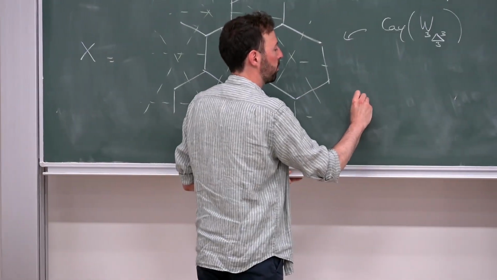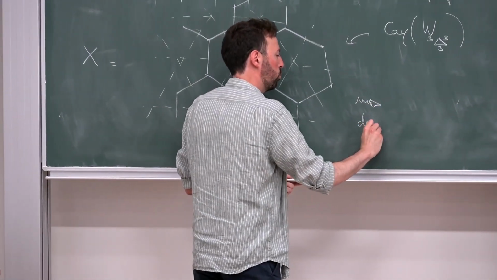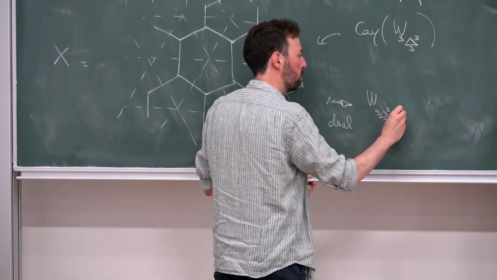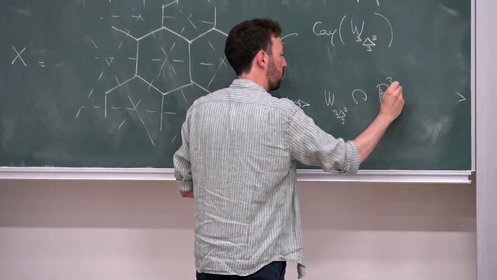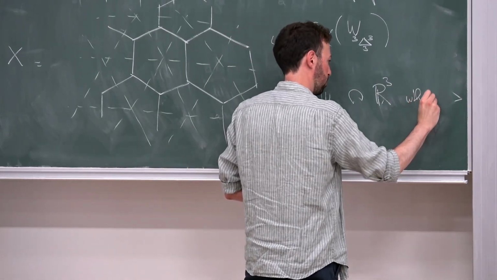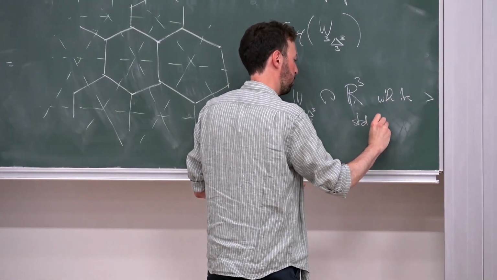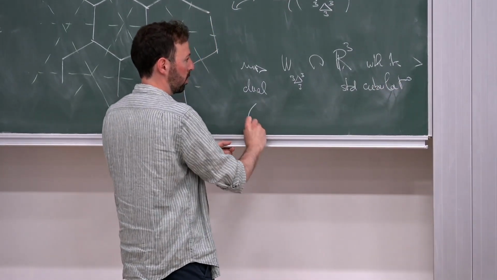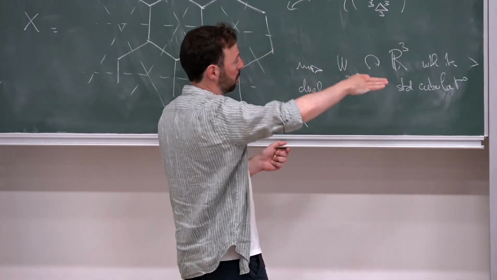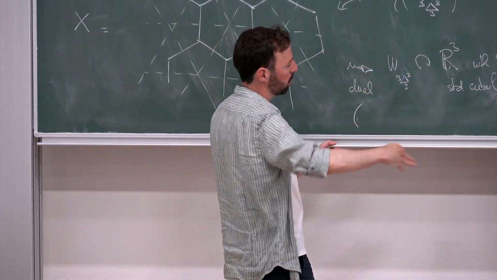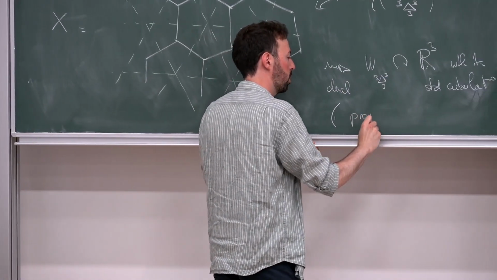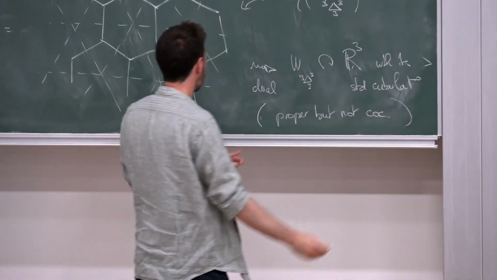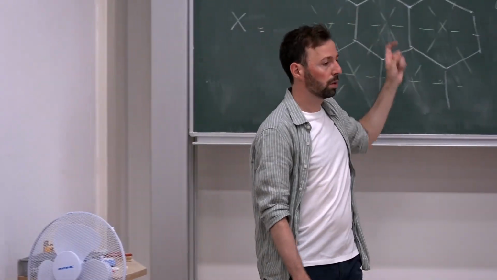If you take the dual action, what you get is an action of that Coxeter group on R cubed with its standard cubulation. In particular, this has the plane embedded as a transverse copy. And this one is proper, but not co-compact, even though the original action was geometric.